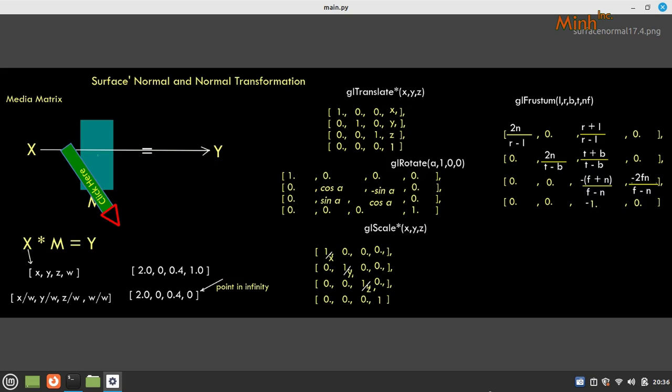Now, in the matrix tutorial, we have seen that if there is an input X and a media or matrix in between, and it produces Y as output, then X multiplied by the matrix M is Y. X is passing through the media.